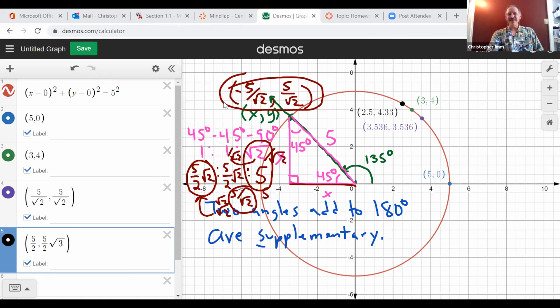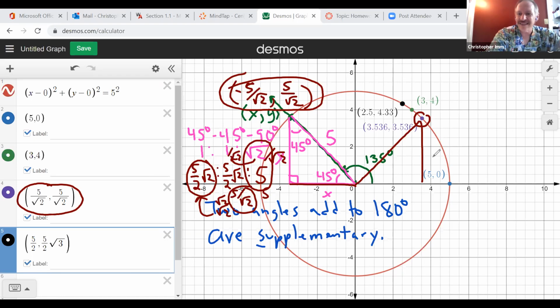Now, one thing you might have noticed is that this circle is going to have a lot of symmetry. So even when I look at something over here, this is going to be the point I have here. That's 5 over root 2, 5 over root 2. So this is going to be that 45-degree angle here.